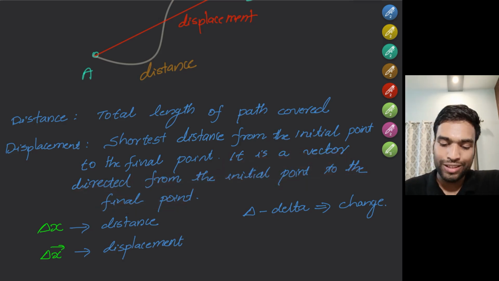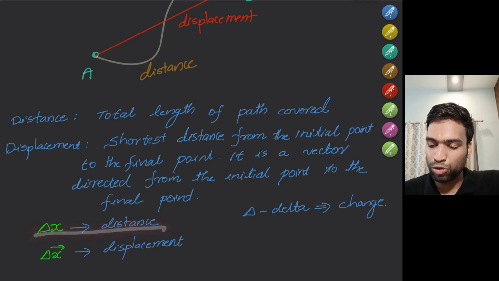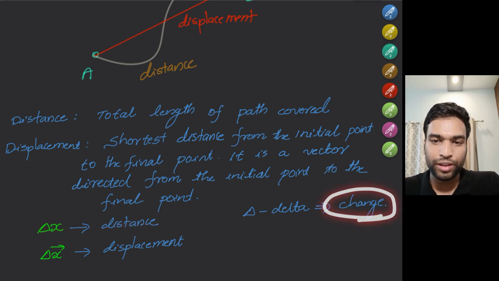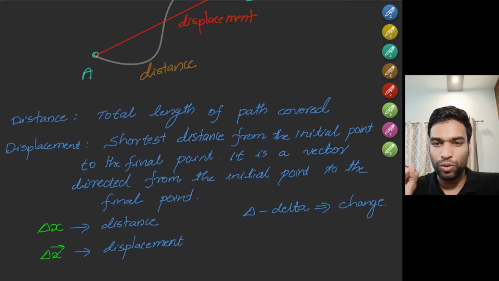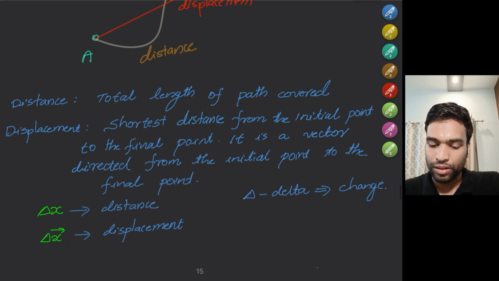Good. Now distance is usually represented by delta x, where delta corresponds to change. Something is changing there, right? Our position is changing. Now displacement is represented by delta x with a right arrow, because it is a vector, right?